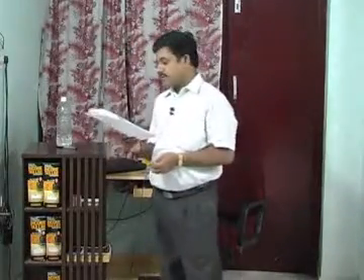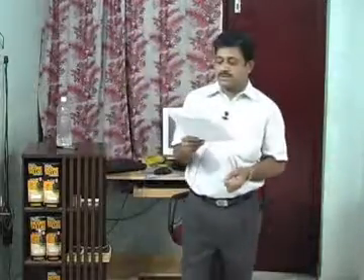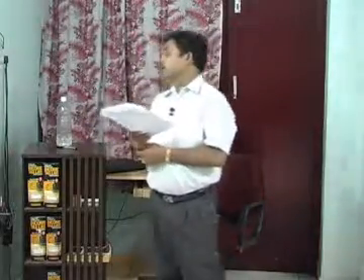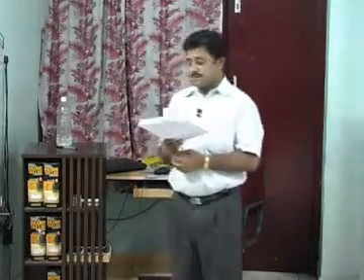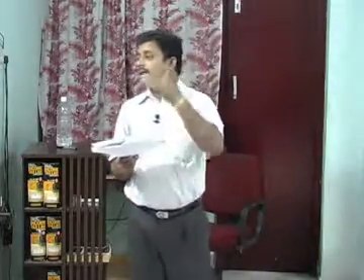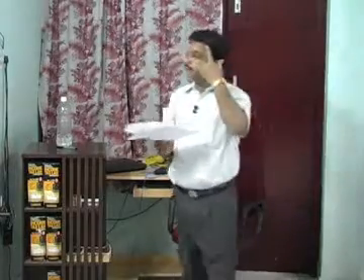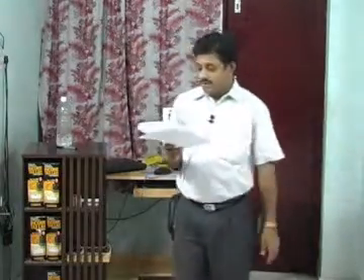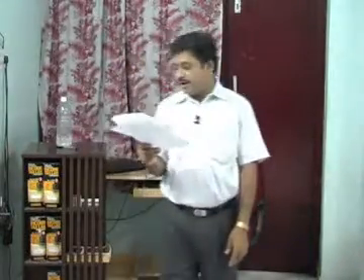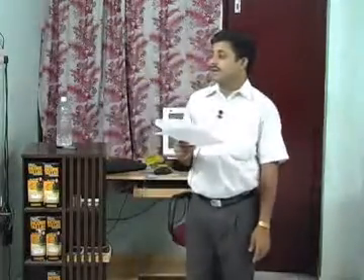31st July 1980. Face value 90,000. Quotation price: 90,000 divided by 100 into 96 makes it to how much? 86,400.